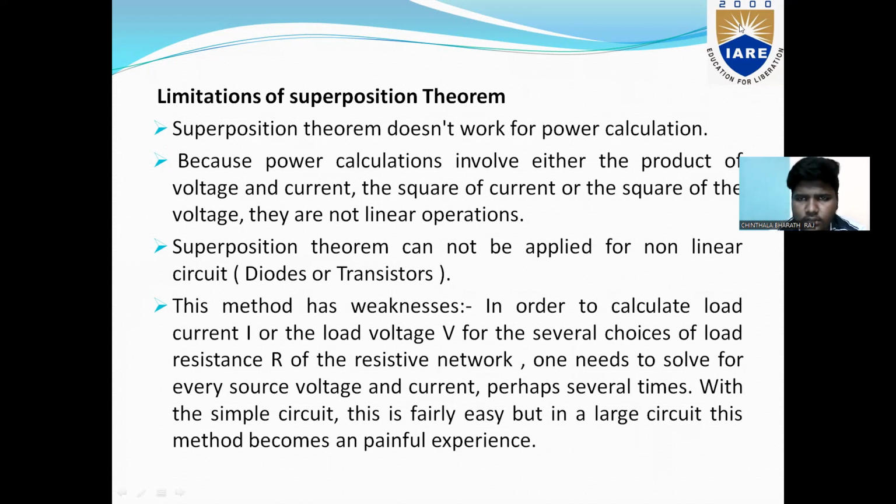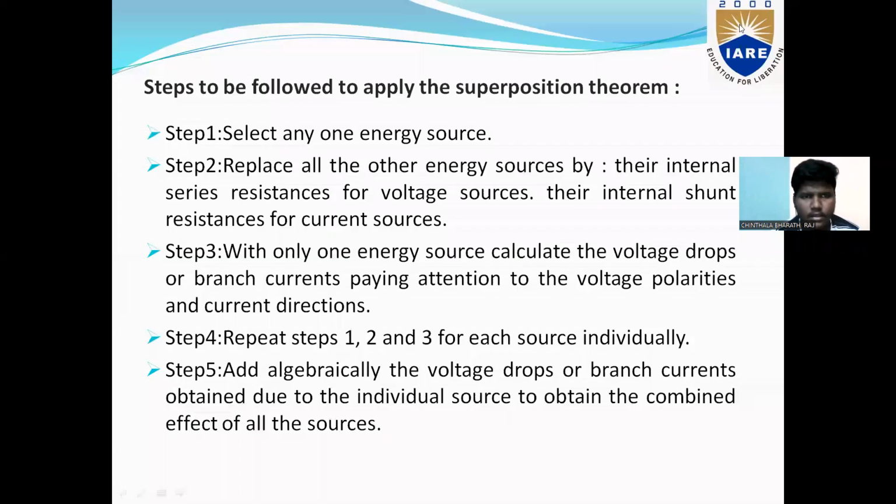Next, I am repeating once again the steps to follow to apply the superposition theorem. Step 1: select any one energy source and replace all other energy sources by their internal series resistance for a voltage source and their internal shunt resistance for a current source. Step 3: with only one energy source, calculate the voltage drop or branch current, paying attention to the voltage polarities and current directions.